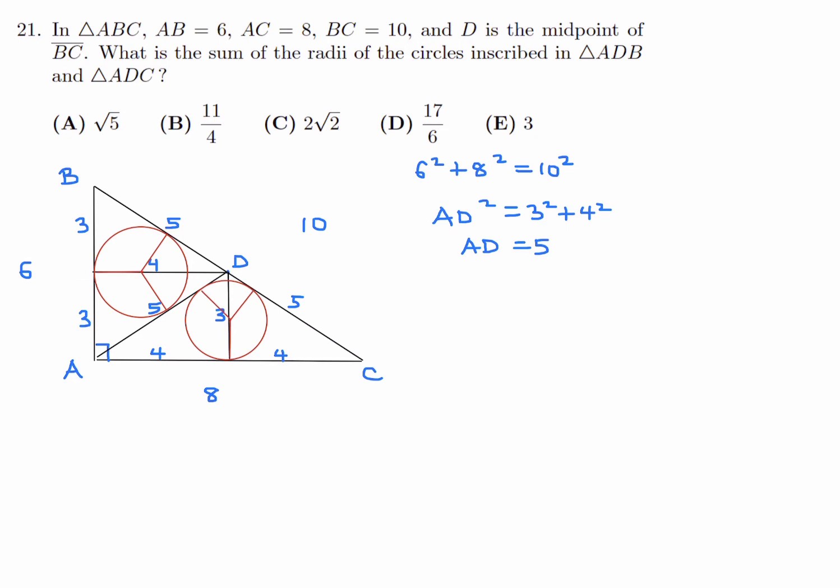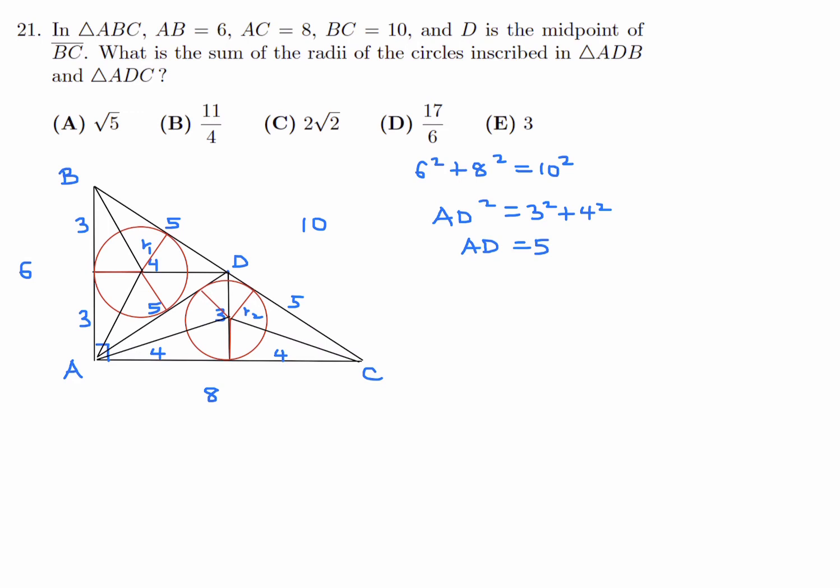Let's label this R1, and we'll call this one R2. I'm going to draw in a few more lines to connect the centers to the vertices, and I think that should be sufficient.